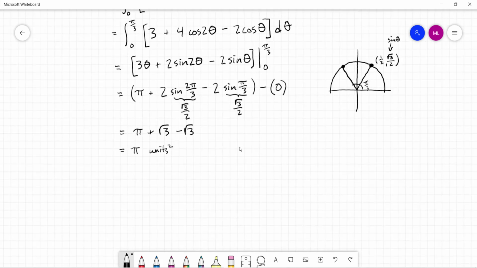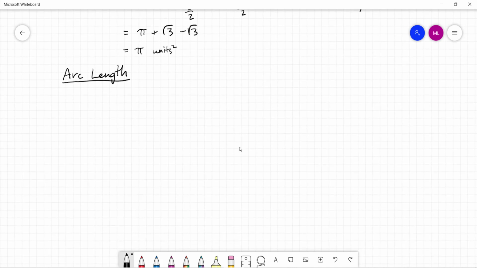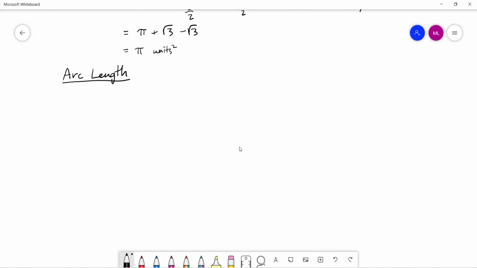Let's do one other. I said we were doing area and arc length, so let's do arc length. I will just give you the formula, and it's relatively straightforward, but the length of a curve is going to be given by the following.